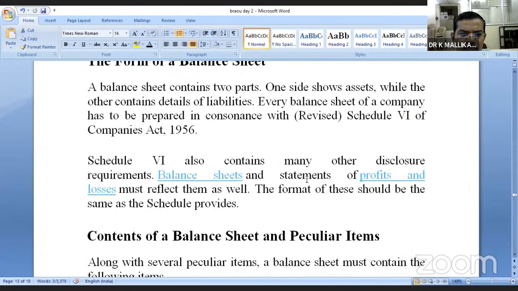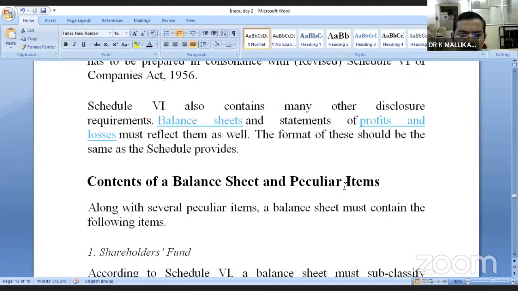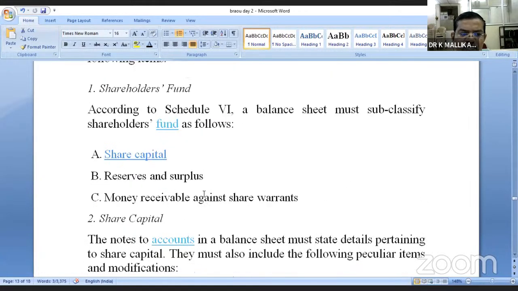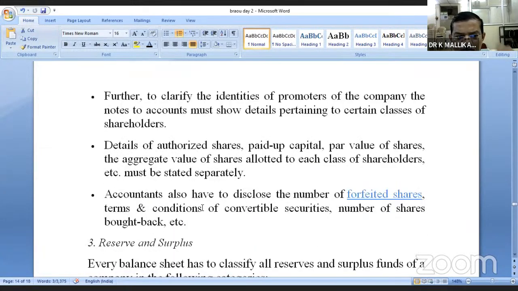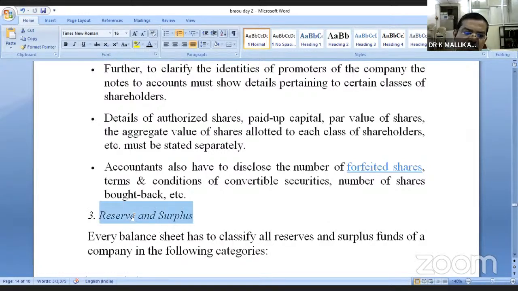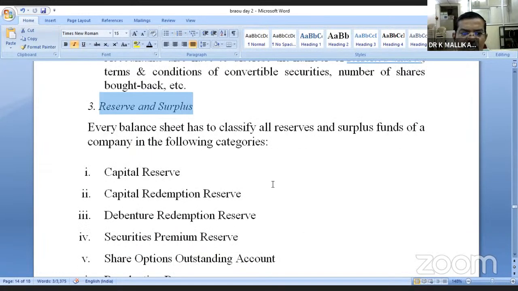Already I showed you the forms as per the Companies Act 1956: shareholders' funds, share capital, reserves and surpluses, money received against share warrants. These are the items in the company balance sheet. The third one is reserves and surpluses. Under reserves, what different kinds of reserves are there?